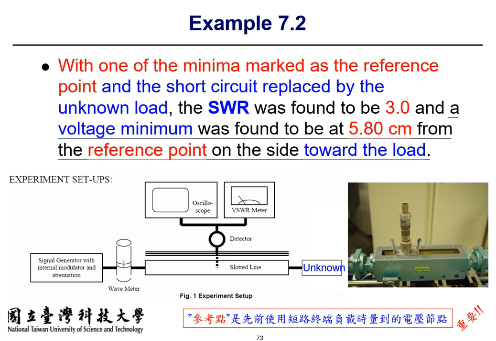Why? Because on the blackboard, when we draw the transmission line, we have a short termination on the right hand side, and we know there will be a complete standing wave. So you look at the voltage plot, and that will be a zero, a null, at your short termination.